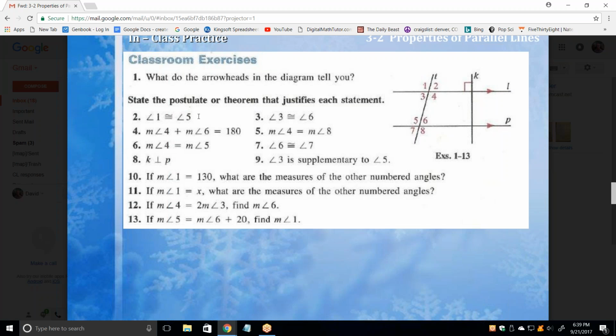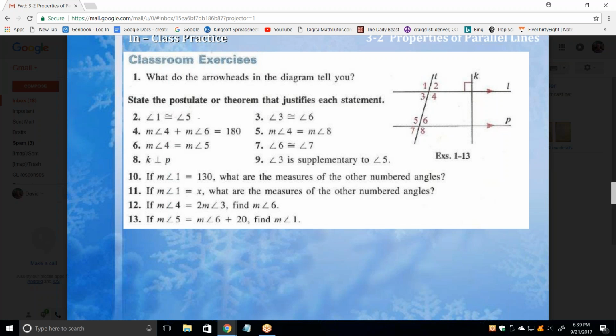Why is 4 plus 6 180? Because they're supplementary. Because why? Why are they supplementary? Same side interior angles. Why is the measurement of 4 equal to the measurement of 8? Because they're corresponding.